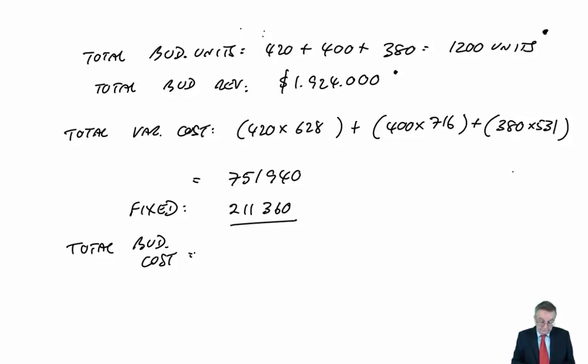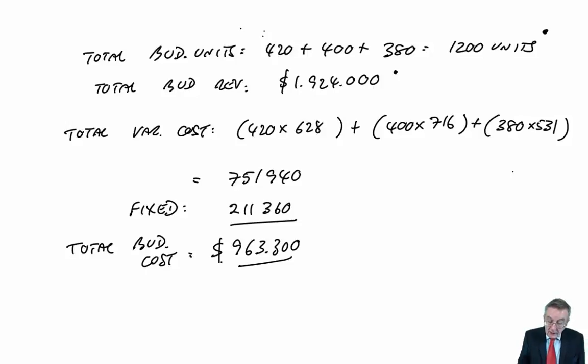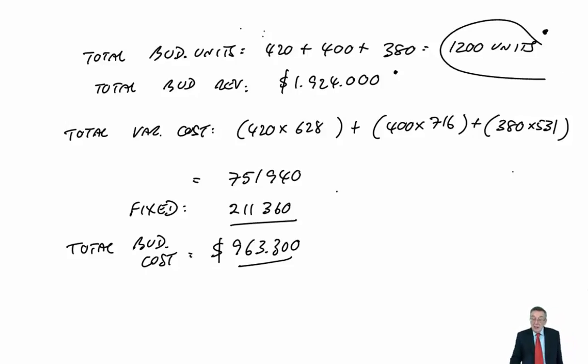So I hope you're following me here. The total, to draw the line, I'm trying to work out the total cost for 1,200 units. We budgeted on 1,200 units. The total cost, the total budgeted cost, the variable cost plus the fixed, a total of 963,300.